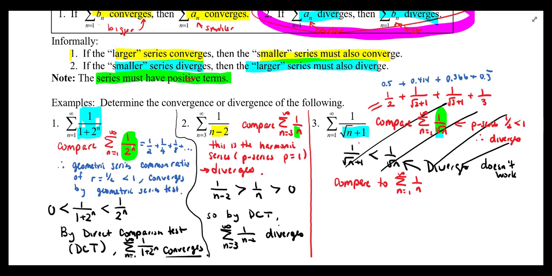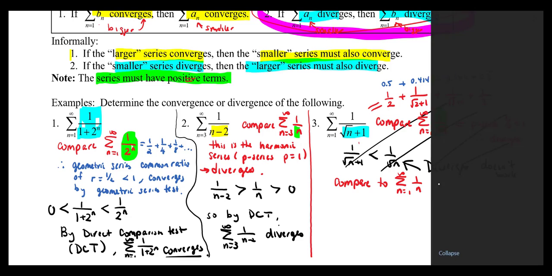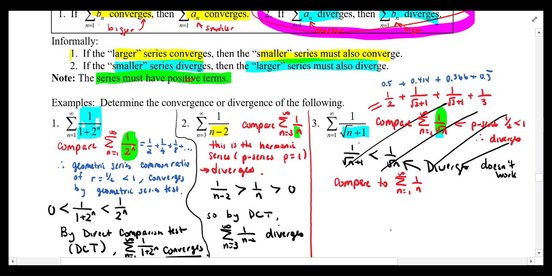Well, that will be 1 plus a half plus a third plus a fourth and so on. Once again, this is a p series with p equal to 1, so therefore this diverges. So that's the same as before.